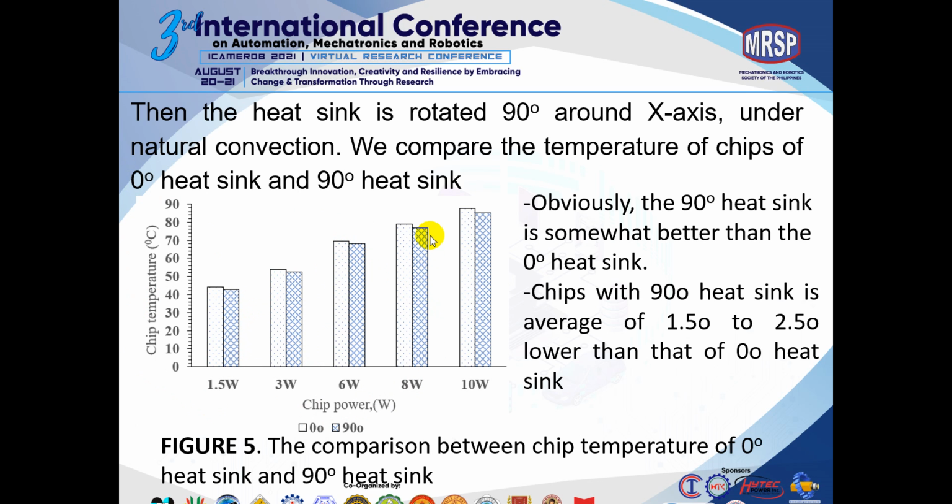You can see that with the 90 degree heatsink, the temperature of the chip will be somewhat better than with the 0 degree heatsink. The chip with the 90 degree heatsink is on average 1.5 to 2.5 degrees lower than that of the 0 degree heatsink.